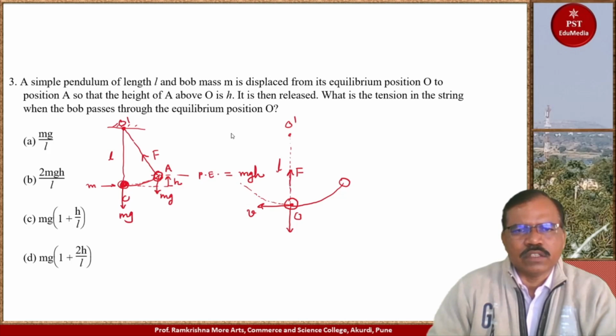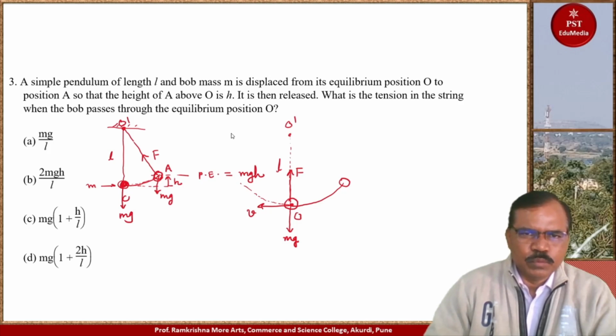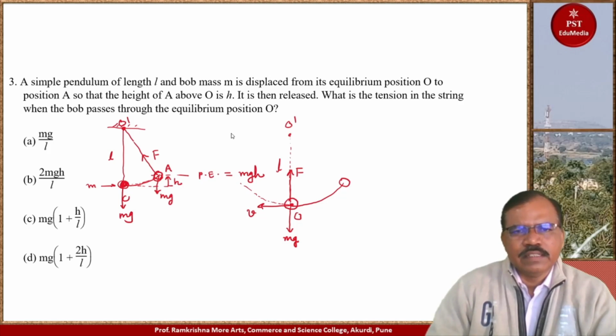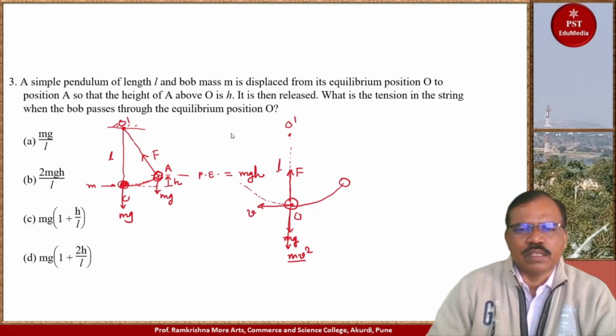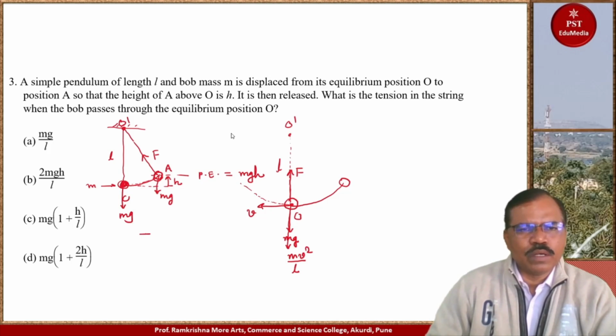There is already the downward force mg due to gravity. But since it is moving and at point O there is velocity v, there is also one force, the centrifugal force, that is mv square upon the radius of the circular path. Now the radius is L. So what is the total downward force?